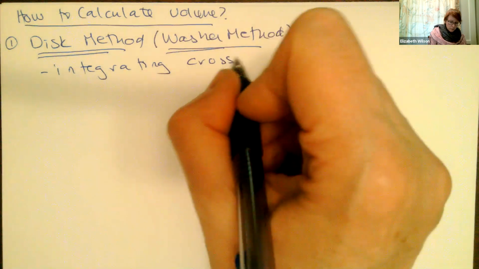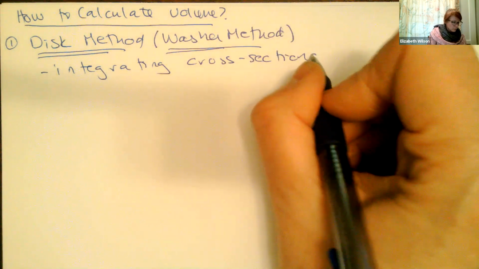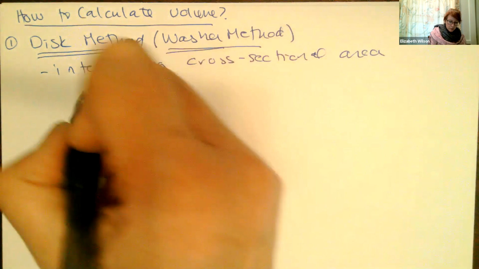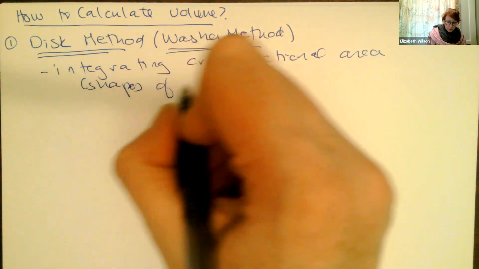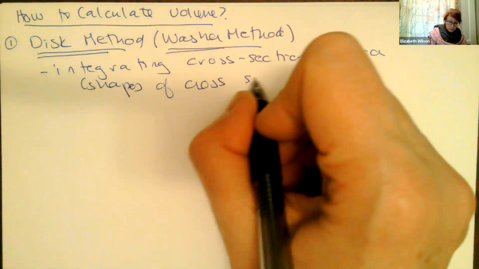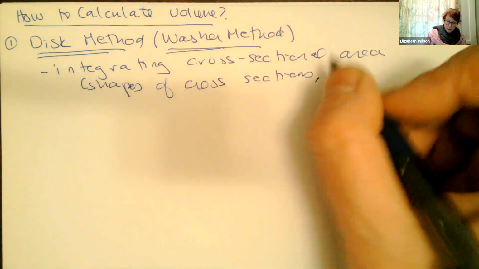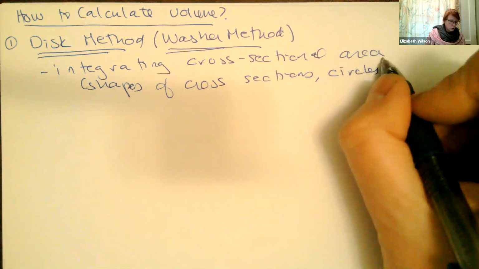cross-sectional area and these shapes of cross sections. They're basically circles that we're creating as we sweep it out.